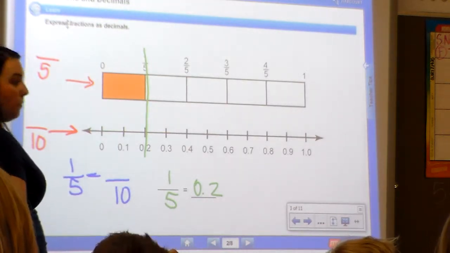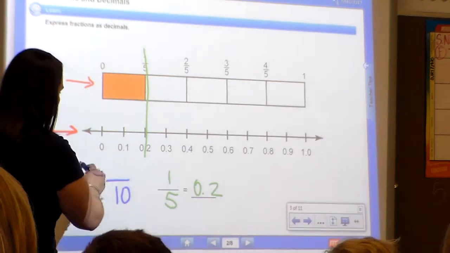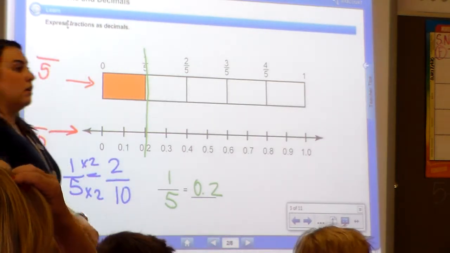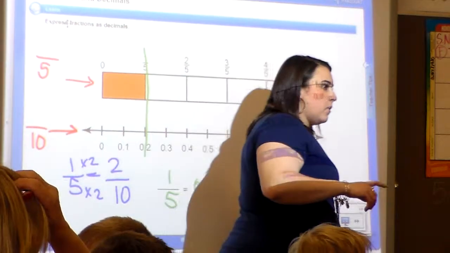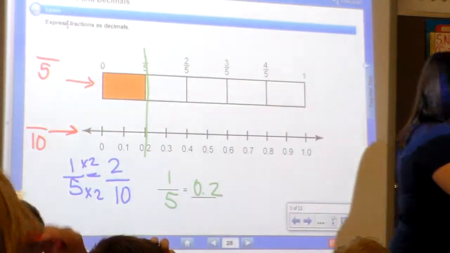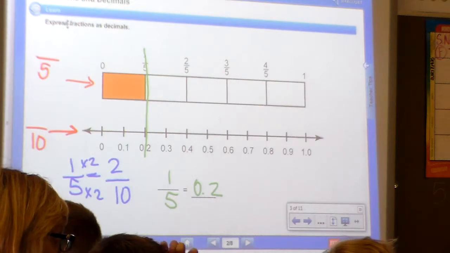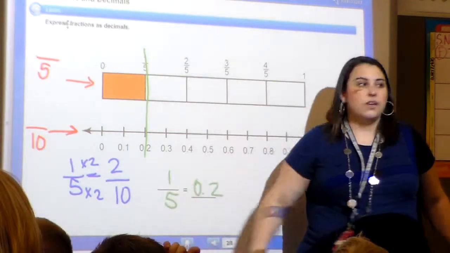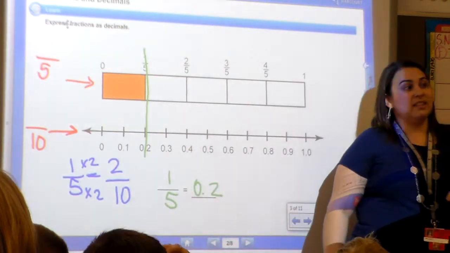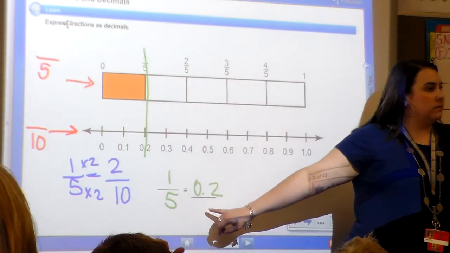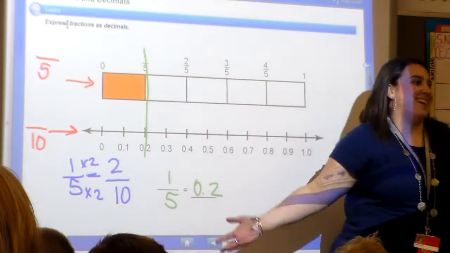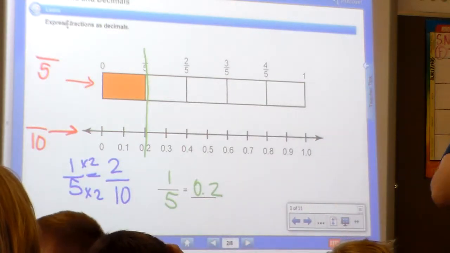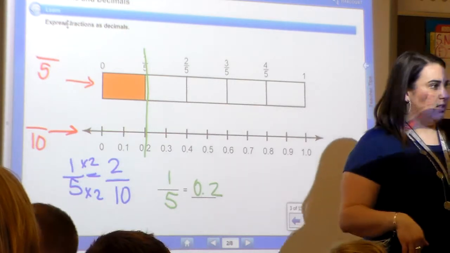Rock? I multiply by 2, and I end up with 2/10. Say it again, Rock. What do I end up with? 2/10. Do you know how to write 2/10 as a fraction? Yes. Do you also know how to write 2/10 as a decimal? Yes. So you just did it. That's the formula. You find an equivalent fraction either in the tenths or the hundredths.